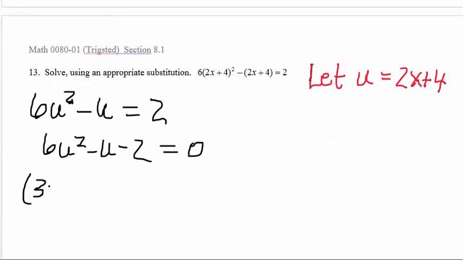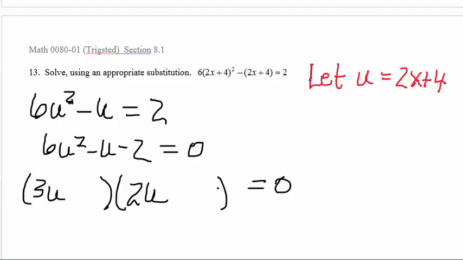So 3u and 2u will give me 6u squared. And let's choose a 2 and a 1. We'll have a negative 2 and a positive 1.